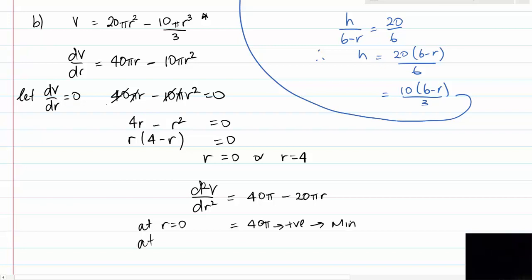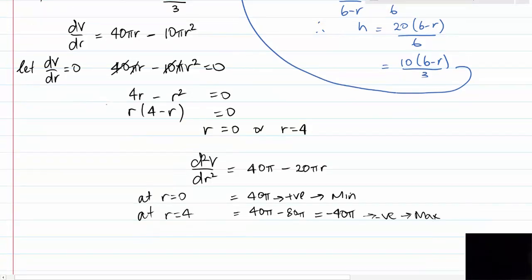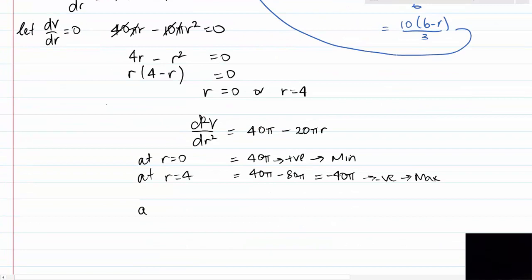At r equals 4, d squared V over dr squared is equal to 40 pi minus 80 pi, which equals negative 40 pi, which is negative, and that implies a maximum, obviously. So we do have r equals 4 is a maximum, and then of course to finish this question we need to calculate the value of h at r equals 4.